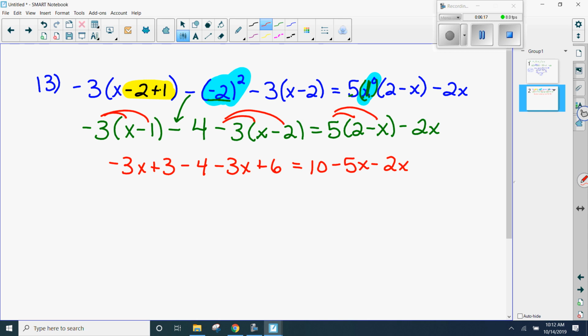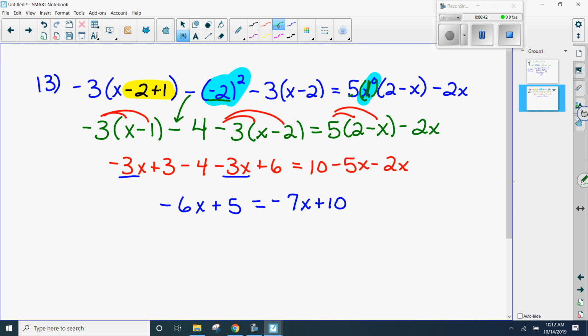Now what? Yep, we're going to group like terms on both sides of the equation, simplify both sides. So we end up with -6x plus 5 equals 10 minus 7x, or -7x plus 10.